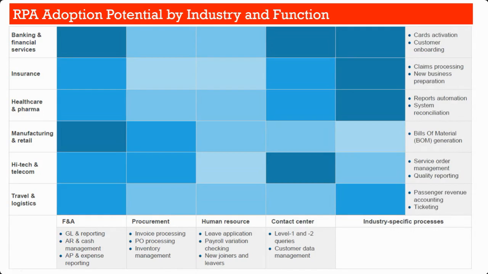Human resources is one area which is less automated. A lot of people are now trying to automate things. Similarly, in the contact center, where we have support and services, a lot of organizations have already automated the work, right?